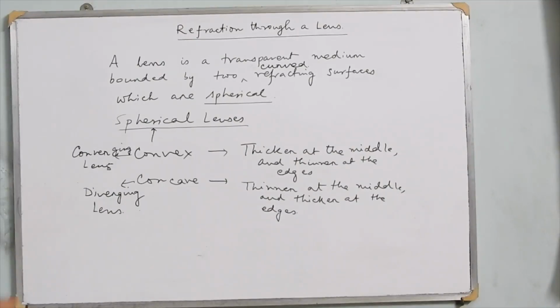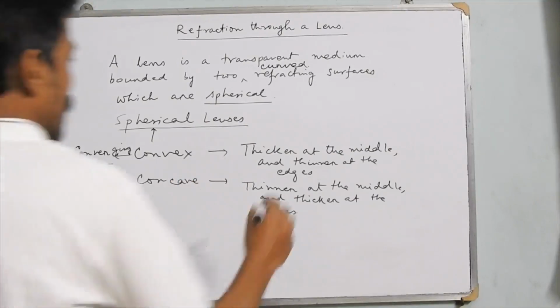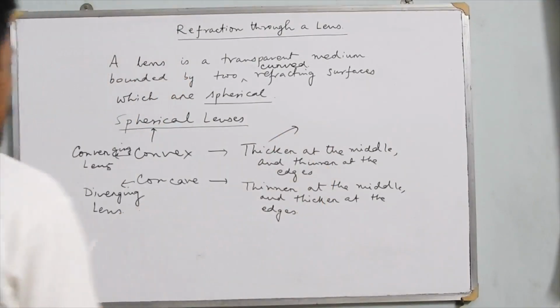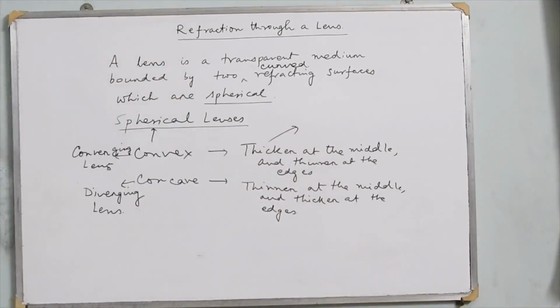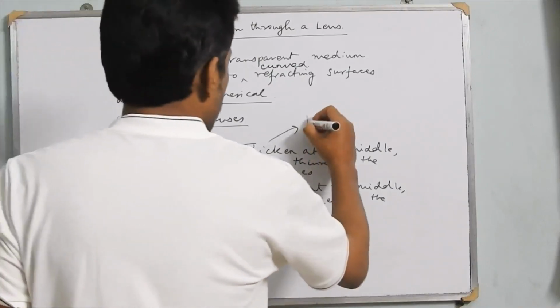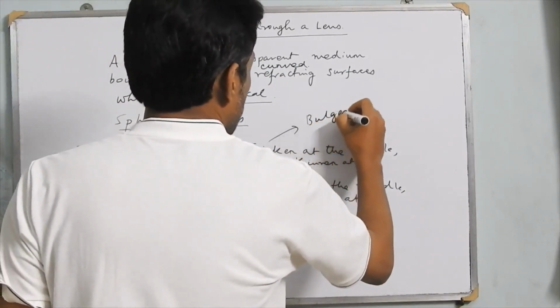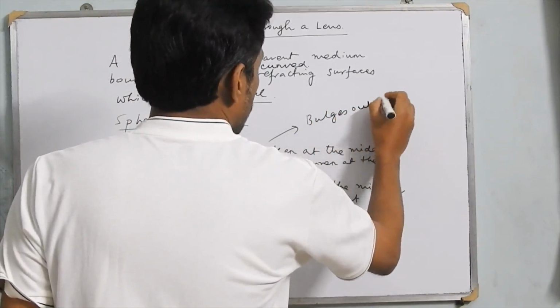So a convex lens, as I have said, is thicker at the middle and thinner at the edges. You can say that this type of lens is bulging out in the middle, and so it is thicker at the middle.